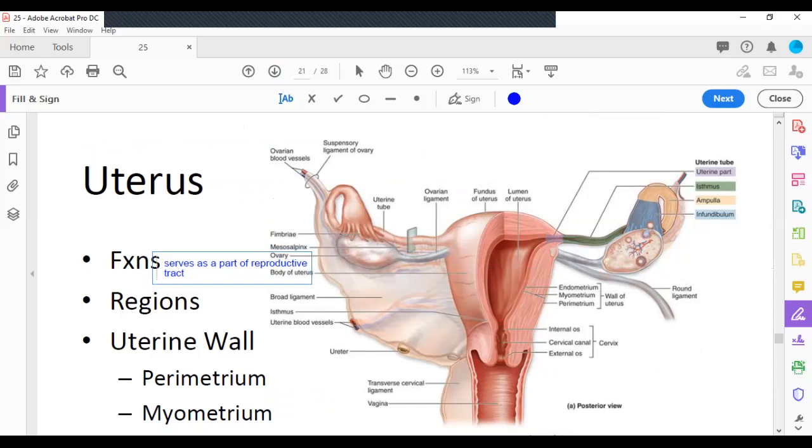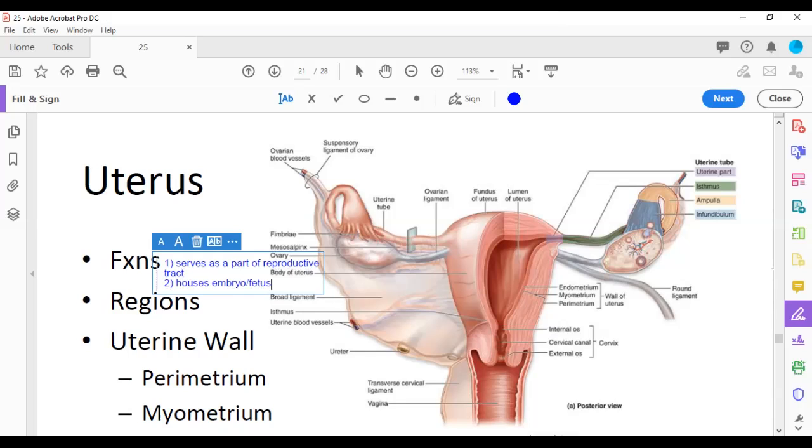The second function is that it houses the embryo or fetus. And when it houses, that's where pregnancy occurs, meaning that the fertilized egg is implanted within the uterus.